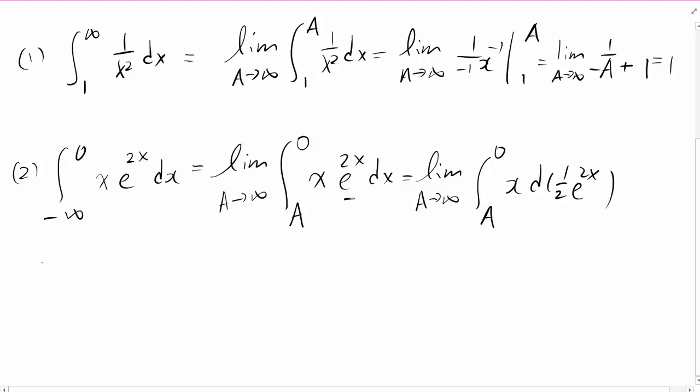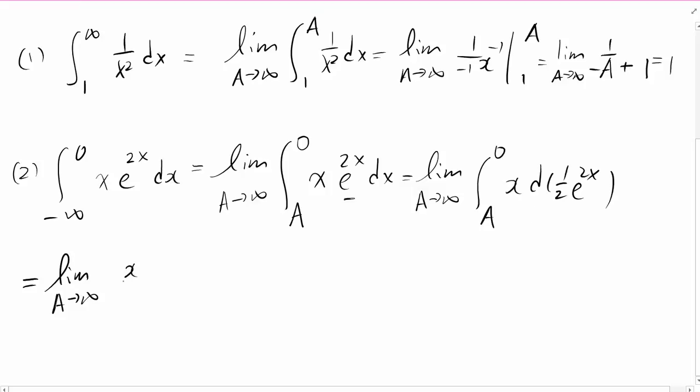Then we apply integration by parts, and we have the limit as a approaches infinity. Let's erase this part. We apply the integration by parts, so we multiply these two functions, one in front of the d, the other one behind the d.